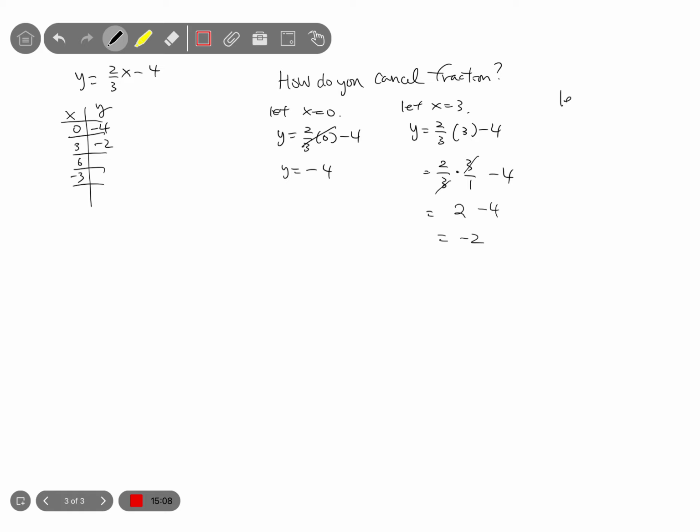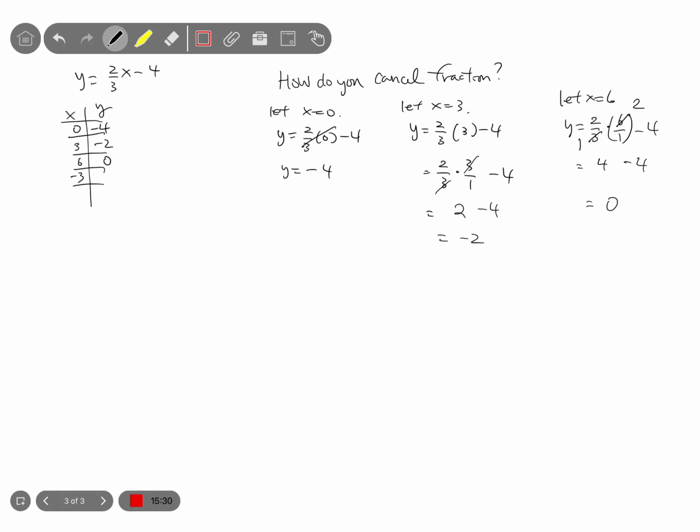Keep going. Let x equal 6, y equal 2/3 times 6 over 1, or just 6, minus 4. 3 goes into 3 one time, goes into 6 twice. 2 times 2 is 4, minus 4 is 0.